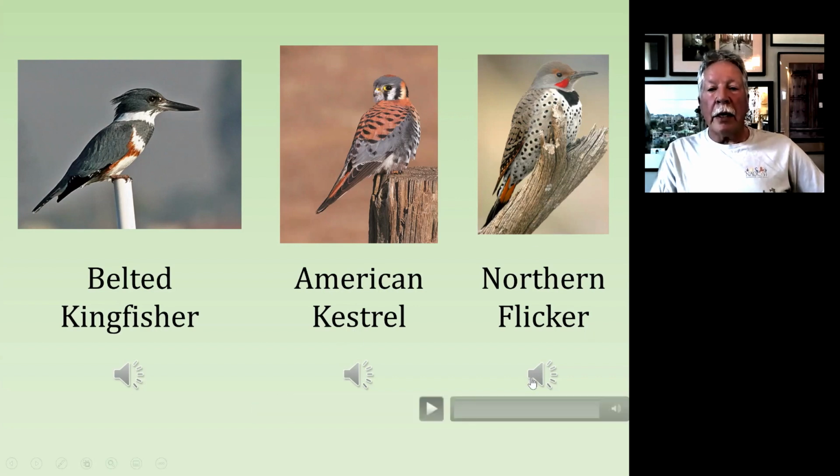And then finally, northern flicker. So all three very loud, carry a long way, and as soon as they start, you know what you've got, unless you've got a starling mimicking these, and starlings are quite good at mimicking all three.